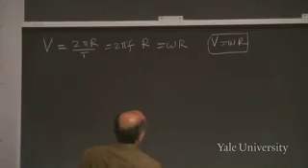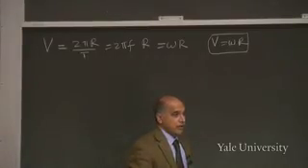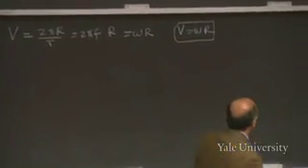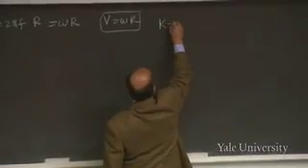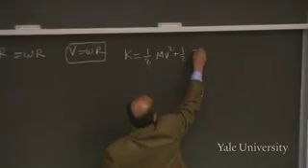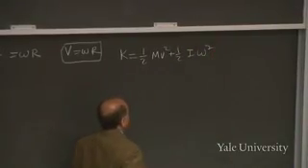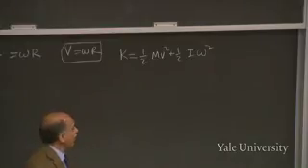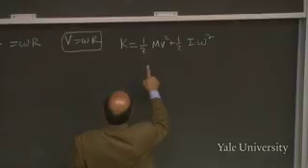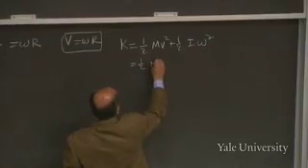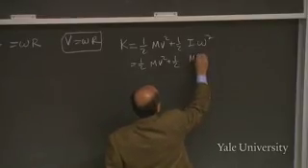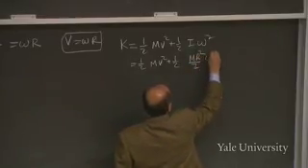Now, in that case, let's find the kinetic energy of an automobile tire that's rolling without slipping. So what do I want to get? The kinetic energy is 1/2 m v squared plus 1/2 I omega squared. That's always true. I is always I relative to center of mass. But now I'm going to use the fact that it is 1/2 m v squared plus 1/2 times m r squared over 2 times omega squared.